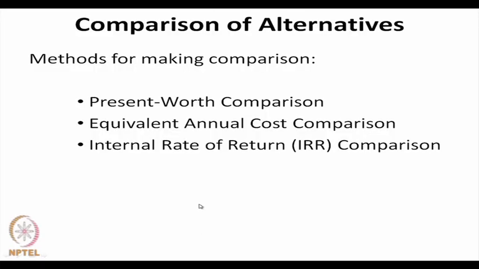Now, there are different methods of comparing among alternatives, but the most elementary ones are these three: the present worth comparison, the equivalent annual cost comparison, and internal rate of return, also called IRR comparison. We shall see what each one is all about. We already know present worth.